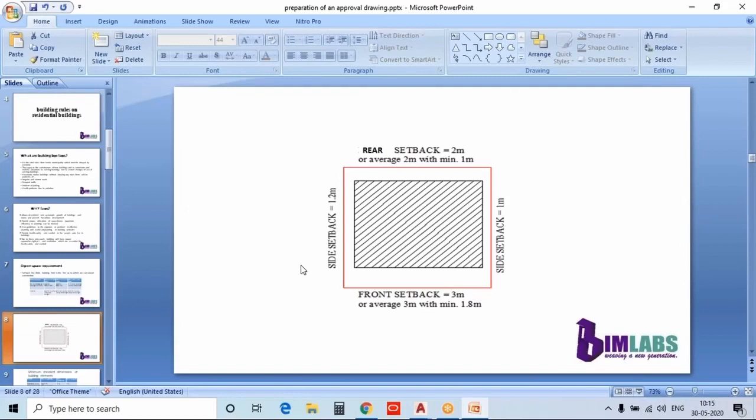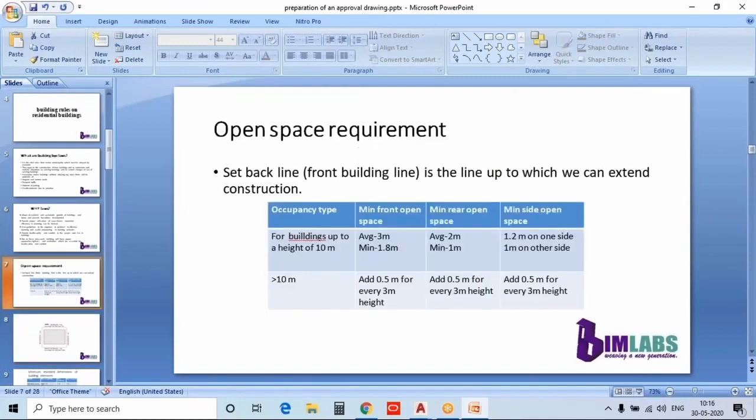That means any one side should be 1 meter. And in the front setback case, it should be an average of 3 meter with a minimum of 1.8 meter, meaning any one side not less than 1.8 meter.